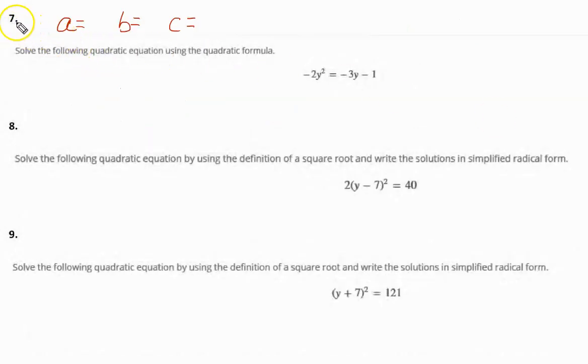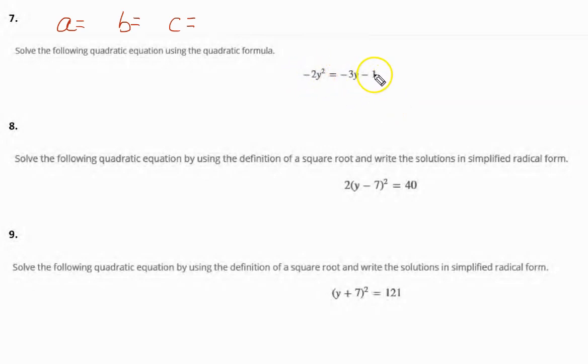As we look at example 7, there's our quadratic equation. But notice our A term is negative. My suggestion to you at this stage is to try to keep your A term positive. It's much easier to solve when the A term is positive.